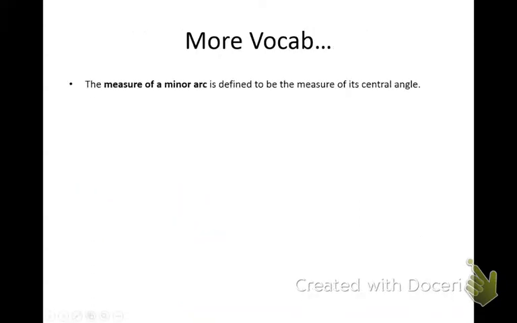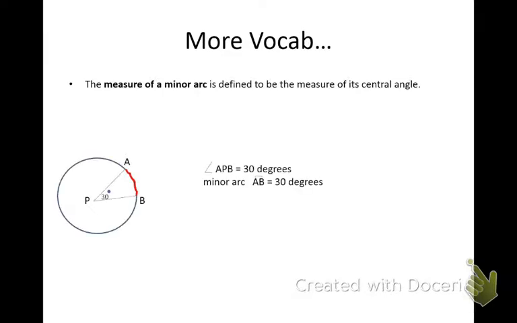More vocabulary. The measure of a minor arc is the measure of its central angle. So in this case, the central angle APB is 30 degrees. So the minor arc AB is 30 degrees.